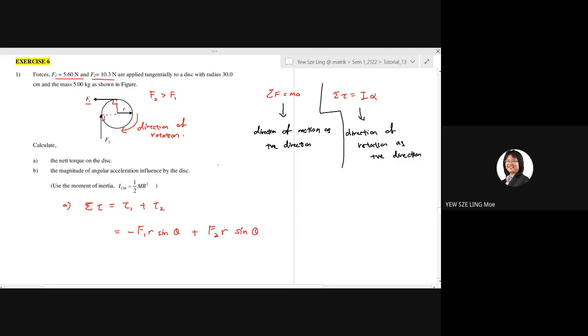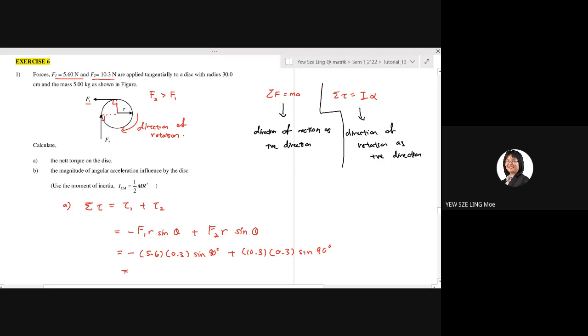So perpendicular, so it's 90 degrees. Okay, so it equals negative 5.6 times the radius, which is 0.3 meter, sine 90 degrees, plus F2, which is 10.3 Newton times 0.3 sine 90 degrees.